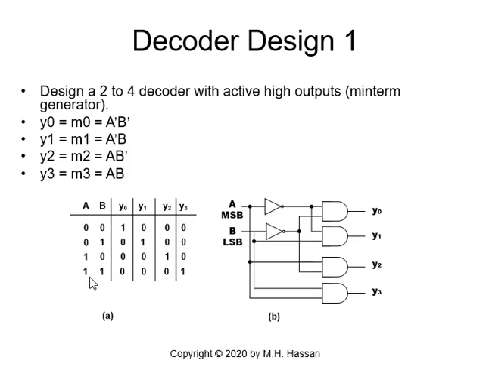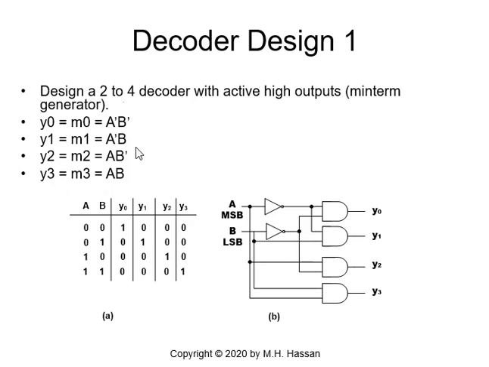If 1, 1, y3 is active, which is 1, and y0, y1, y2 will be zeros. So the logical equations: y0 is m0, min-term 0, which is A prime B prime; y1 is m1, which is A prime B; y2 is m2, which is A B prime; and y3 is m3, which is AB.